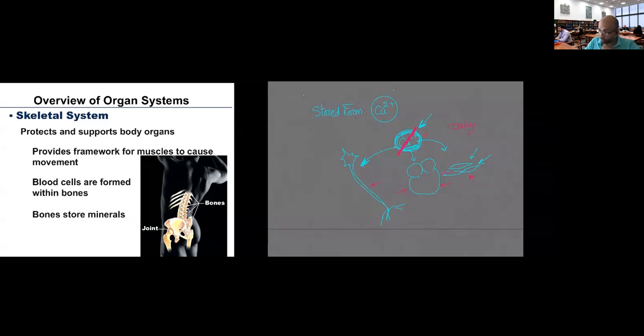Yes, the blood calcium levels will drop. But where do I get the calcium? I have calcium stores that will increase it back to normal. And where are those calcium stores? They are located in my bones. So I will go and break down the bones, and release the calcium from the bone to my blood.